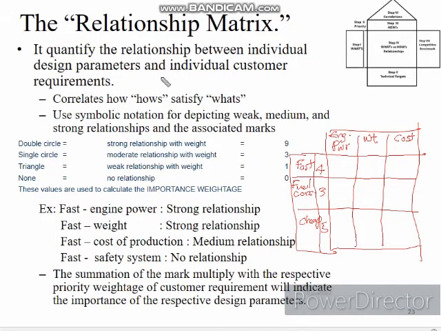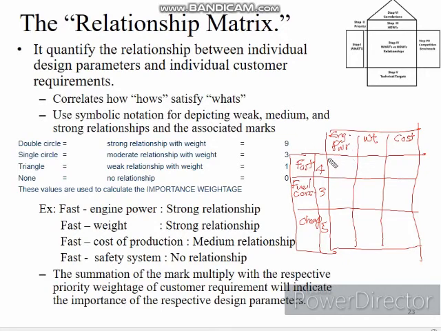Basically we want to look at the relationship between the two, to correlate how satisfies what. We want to look at how the voice of the customer is being satisfied by the voice of the engineer, the voice of the designer.